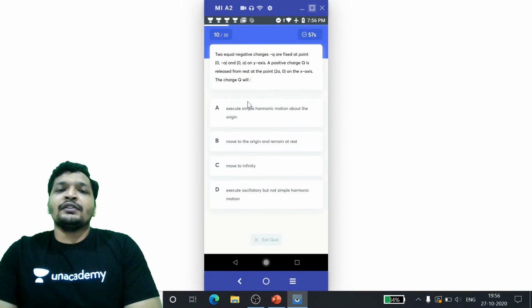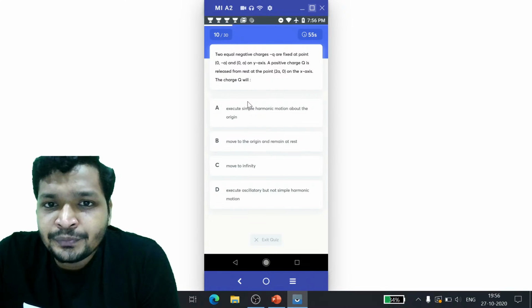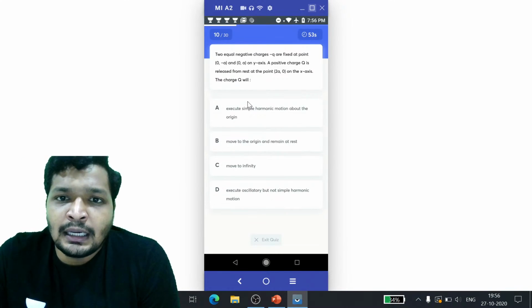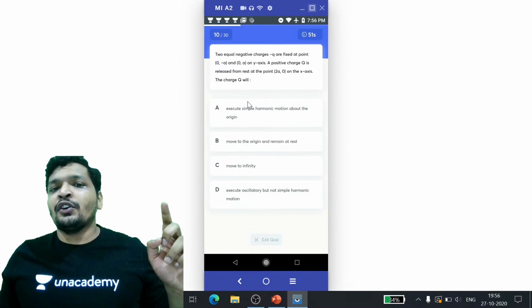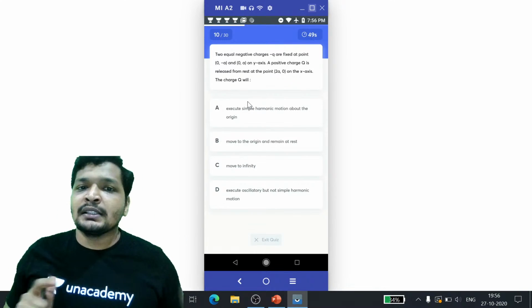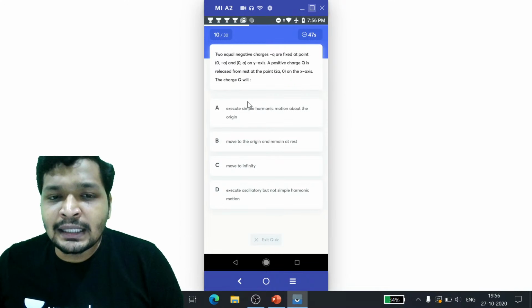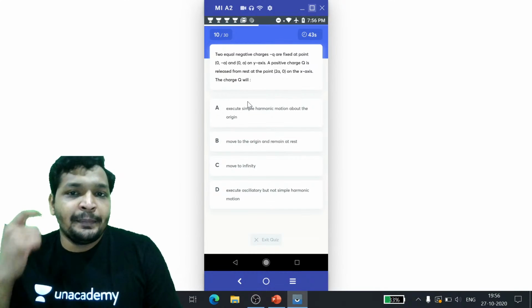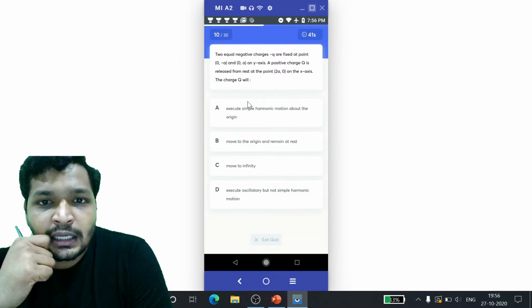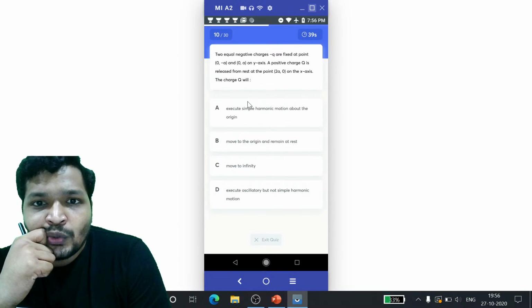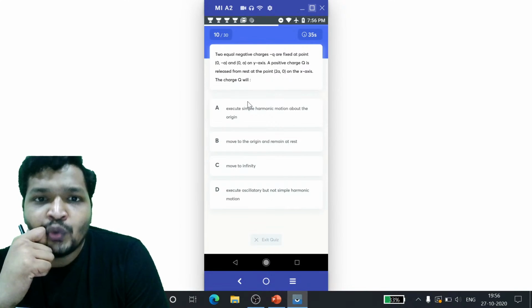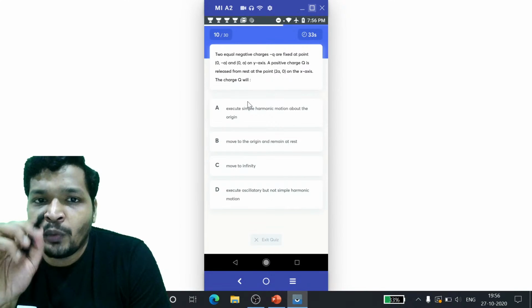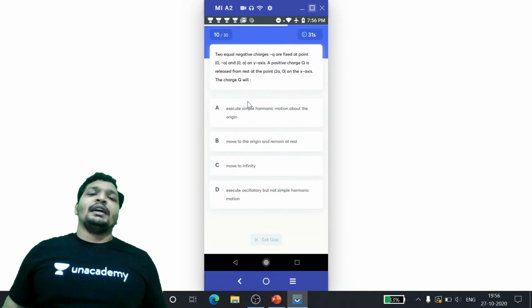Both are negative charges, placed symmetrically along the y-axis, one at (0, a) and the other at (0, -a).